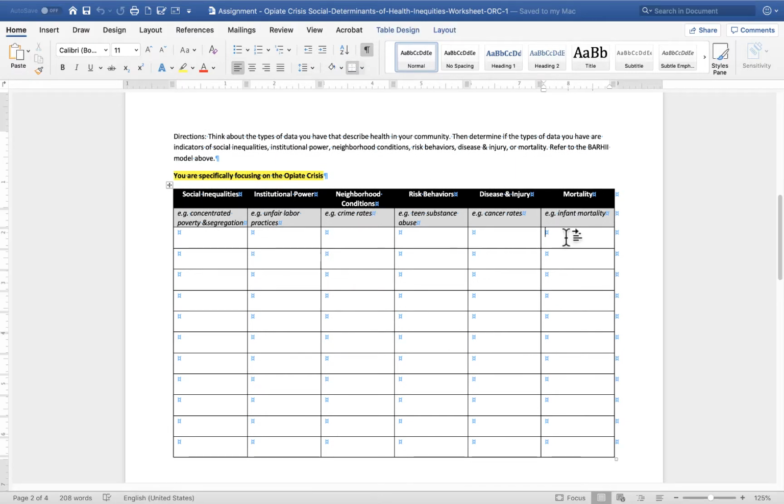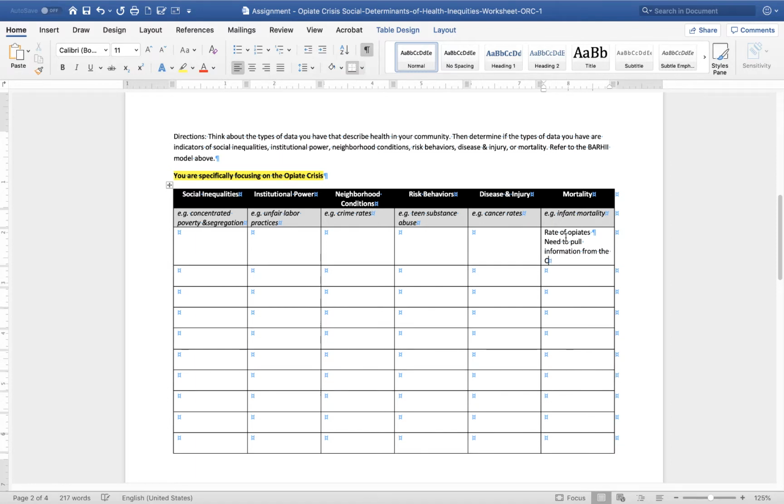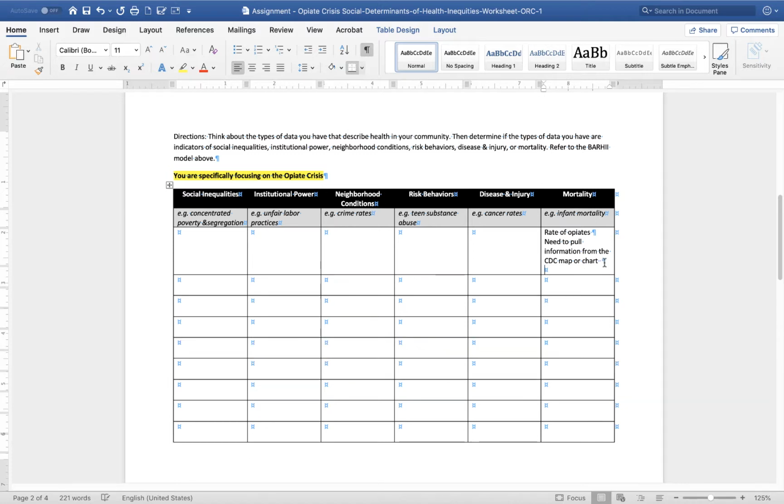Right here you would put the rate of opiates, and you would need to pull information from the CDC map or chart, or see Canvas. So you'd actually see death rates here.